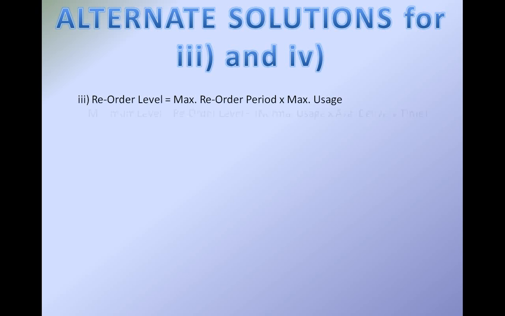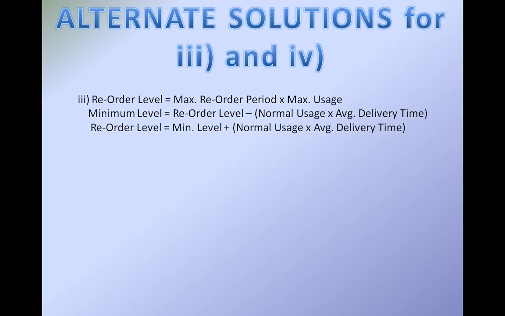Also, you know that minimum level is equal to reorder level minus normal usage into average delivery time. So if we move around the equation a bit, we arrive at reorder level is also equal to minimum level plus the normal usage into average delivery time. If we substitute those figures, 2,000 plus 200 into 6 into 3, we get 5,600 kgs as the answer.